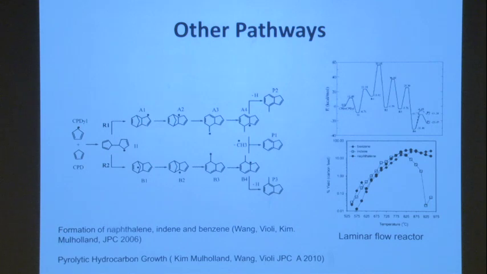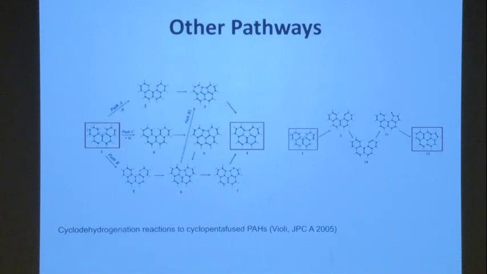And so other pathways that have been studied is this. So here I have, what if I have a PAH that looks like that? How can I close my ring in the middle? Okay? It's not a simple step. It's not an elementary step, they call, but there is a combination of steps that leads you to that. And again, you need to think about what are the possibilities.